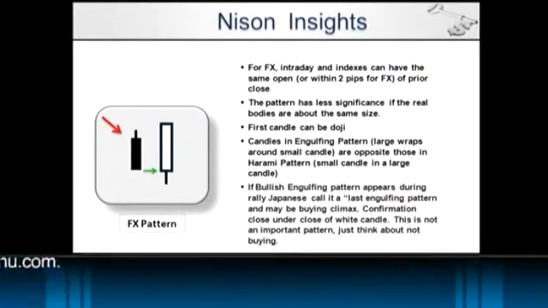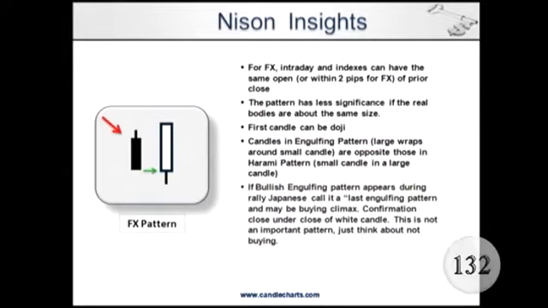If a bullish engulfing pattern appears during a rally, the Japanese call it a last engulfing pattern, and it may be a buying climax. Okay, confirmation would be a close under the close of the white candle. This is not an important pattern, but just think about not buying. So what this means is that if we have this particular pattern during a rally, remember, bullish engulfing patterns come after what? A downtrend. If we have this particular pattern during a rally, first of all, it's not a bullish engulfing pattern because the bullish engulfing pattern has to come after a downtrend.